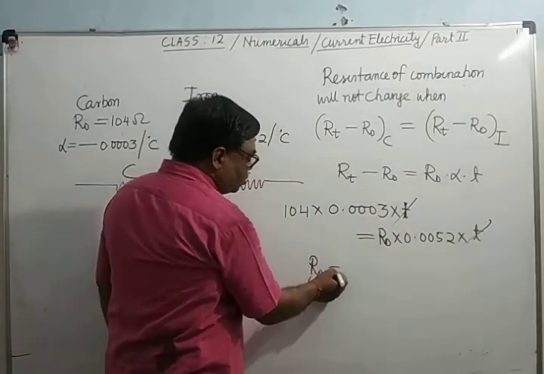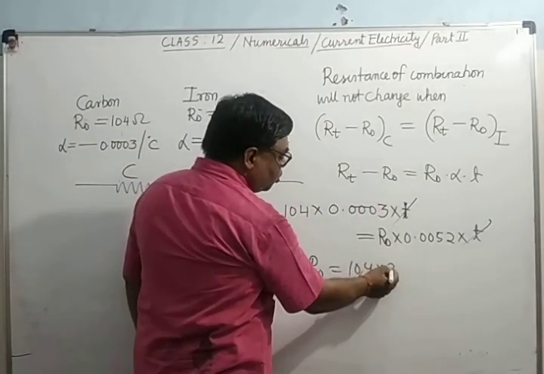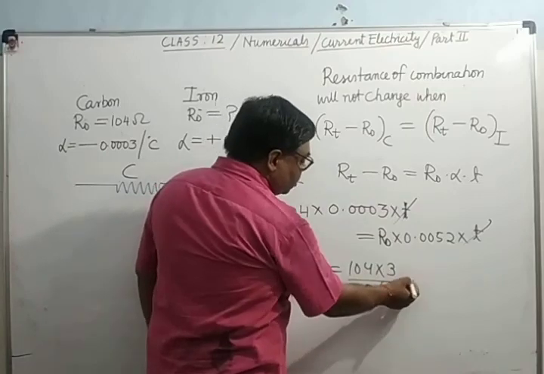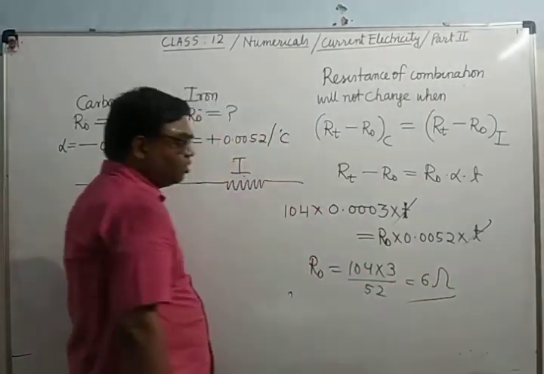So R naught equals 104 into 3 upon 52, that is equal to 6 ohm.